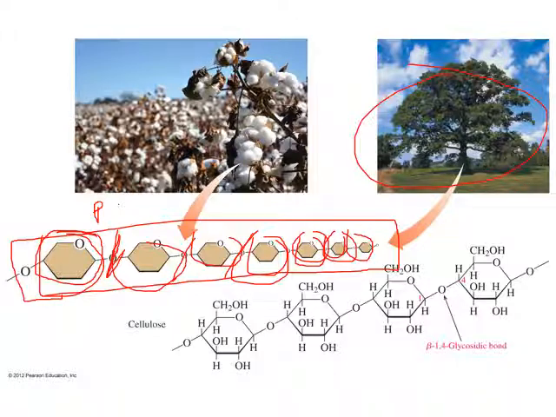But we can't get them because we can't break them apart. Well, it turns out there are species that actually can do this, like termites. Termites can eat cellulose, break apart the glucoses from the cellulose, and use that for energy. So if there's some way that we could take what the termites have and use it in our body, we could solve the world's hunger problems.